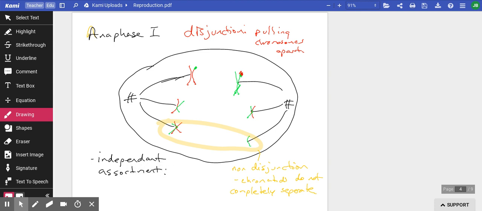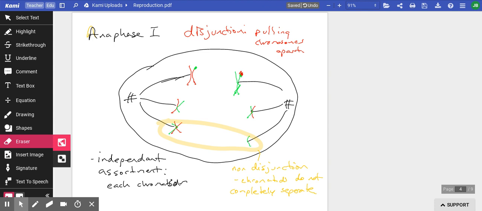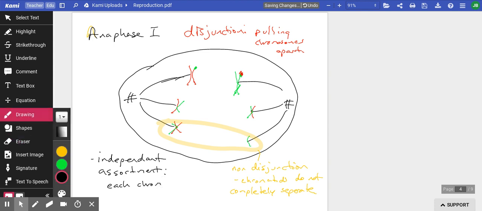In independent assortment, each chromosome is separated differently and randomly.